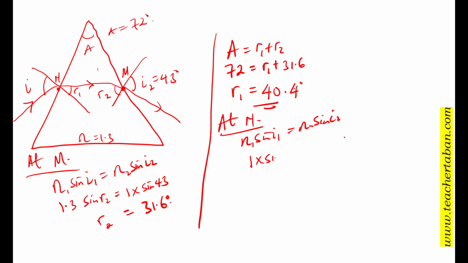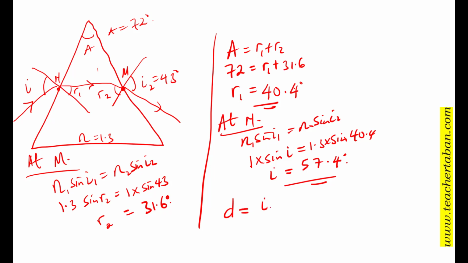I'll have 1 times sine I is equal to 1.3 times sine of 40.4, implying that when I calculate that, my I will be equal to 57.4 degrees.